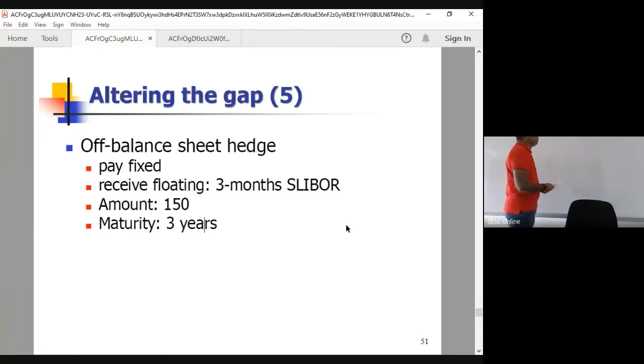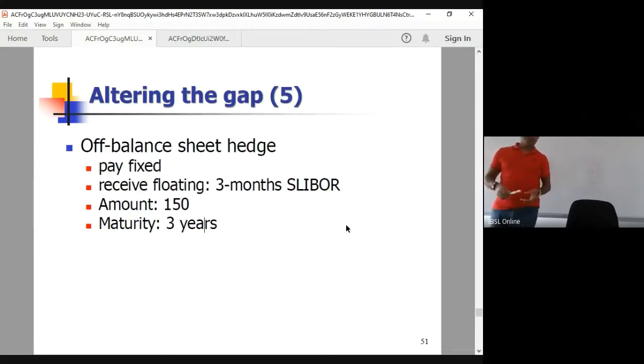So then you convert your fixed asset here. Immediately somebody is going to come and say, okay, fine, we'll pay you 10%. You pay your guy 10%, and you will receive from us at 15%. So in other words, without disrupting your client's loan, you do this as an off-balance sheet product.